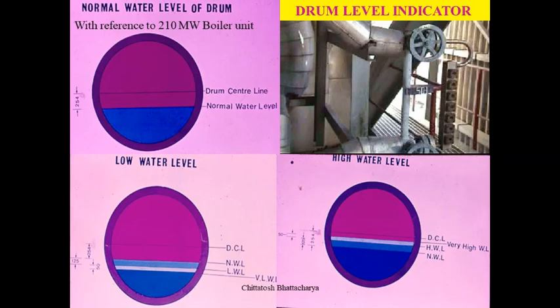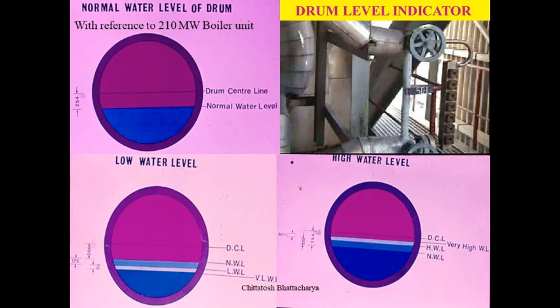In case the drum water level exceeds the normal water level, then there may be a situation when steam flow is more compared to feed water flow within the boiler, and we gradually have low water level.